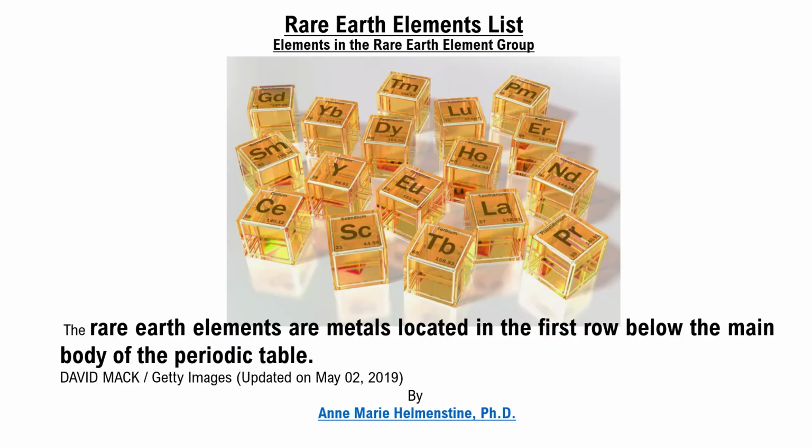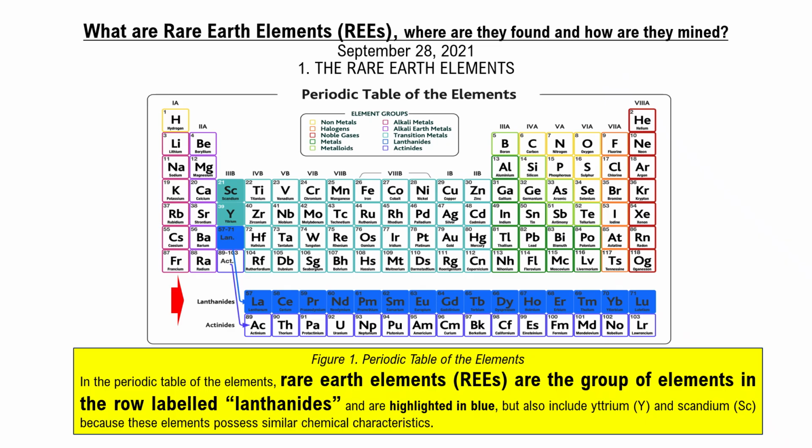Rare earth elements. The rare earth elements are metals located in the first row below the main body of the periodic table. As shown in this periodic table and being indicated by this arrow, these blue color elements or metals are rare earth elements.